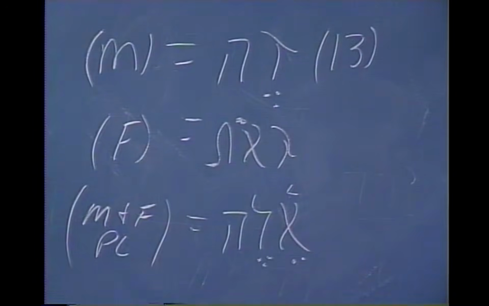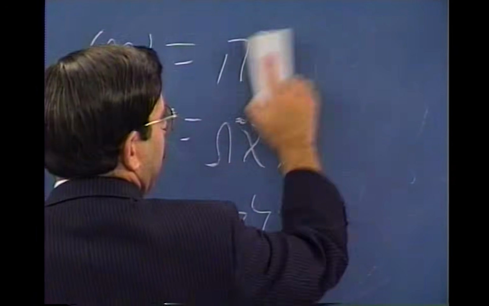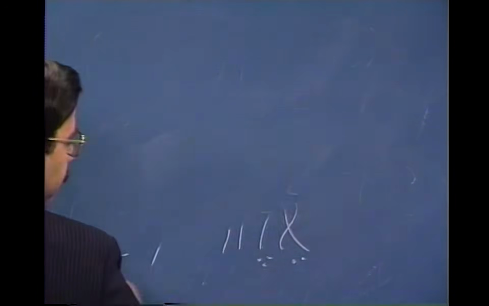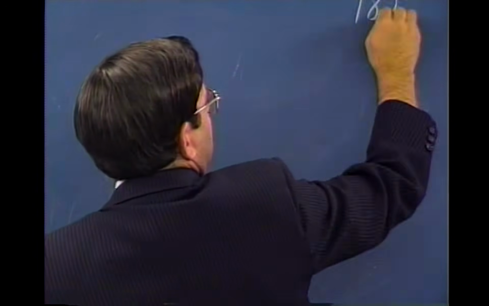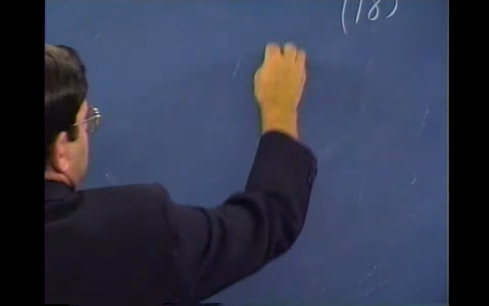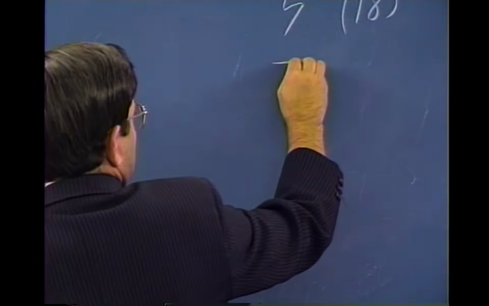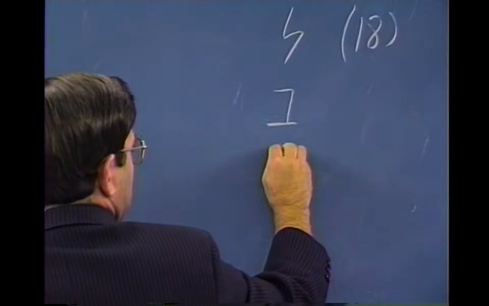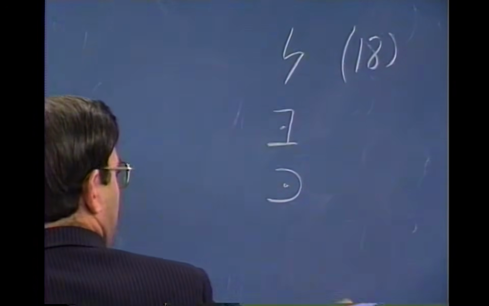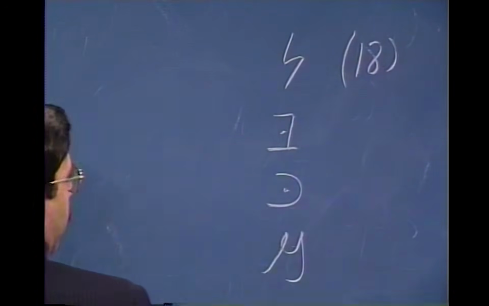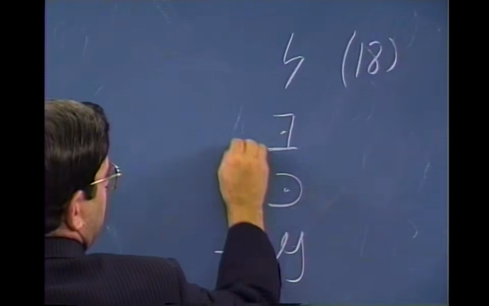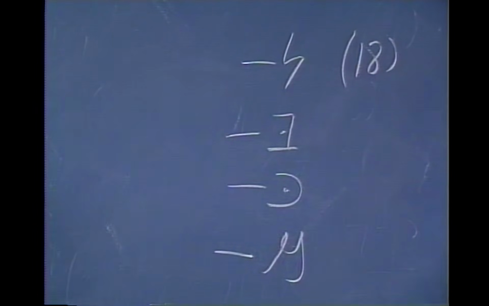Very important. All right, another key lesson that we want to review happens to be number 18. Remember, we've got four inseparable prepositions. We have lamed, we have the bet, the kaf, and we have the mem. All right, these are all inseparable prepositions, meaning that they're attached to the words.